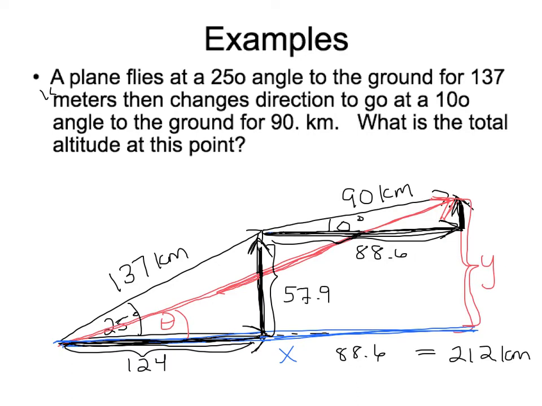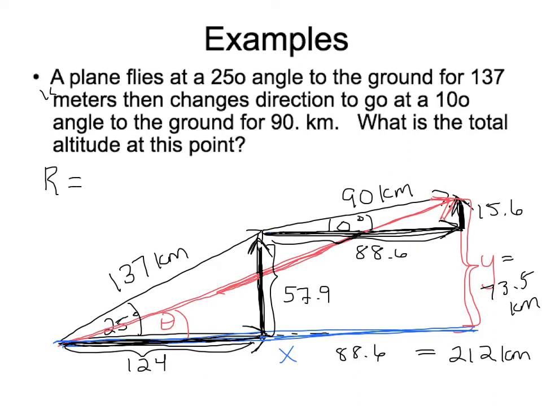And the sine of 10 times 90 is 15.6. So together, this y is going to equal the two combined, which is 73.5 kilometers.